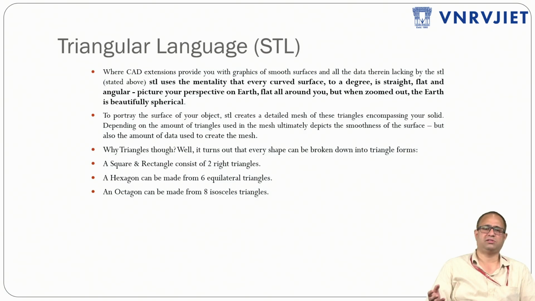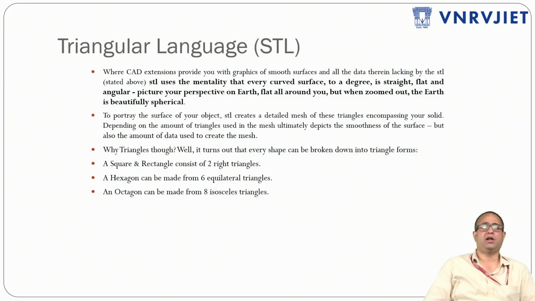Why is only the triangle used? Why not different polygons, such as the rectangle, hexagon, pentagon, octagon, etc.? A triangle is a simple polygon into which we can split a complex shape into multiple parts. A simple example is that a square or rectangle consists of two right triangles.